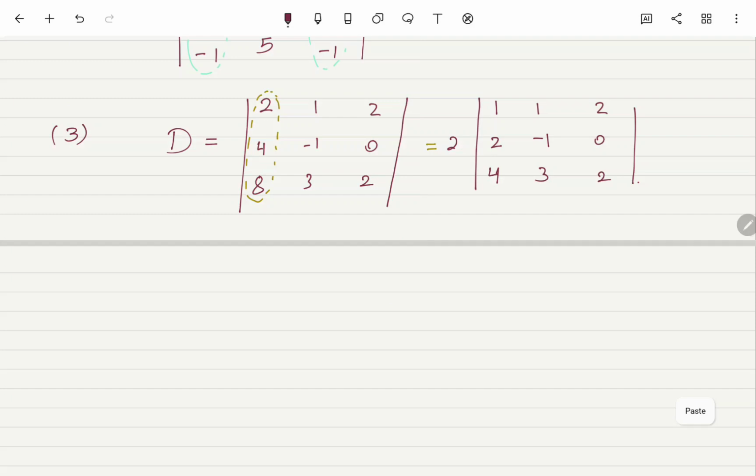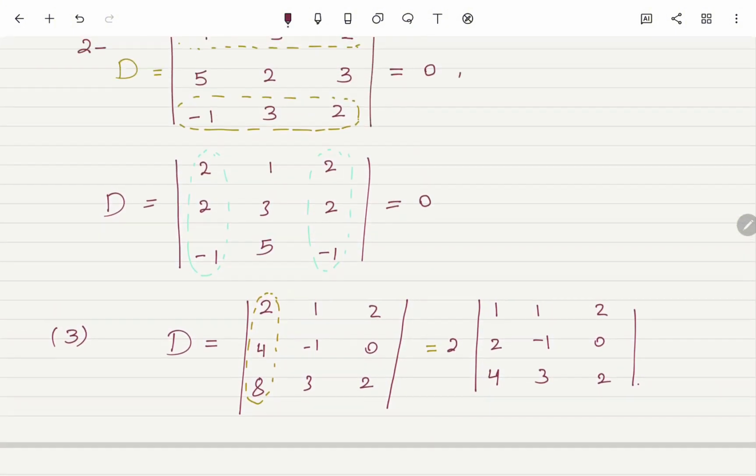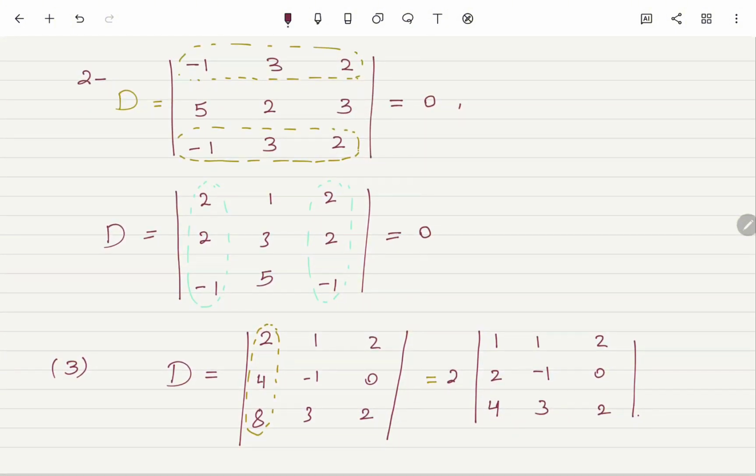Now let's move to the fourth property of determinants. If two rows or two columns are proportional, then the value of the determinant vanishes. Now we can actually use property 2 and property 3 of determinants.